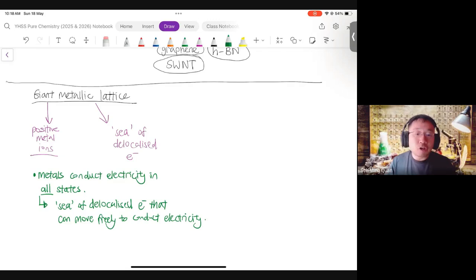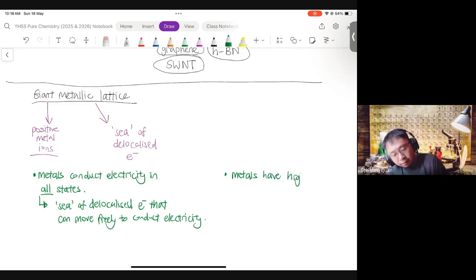All right. So delocalized just means it's not fixed onto one particular atom or ion. Delocalized means it's not fixed, but you still need to add on that it can move freely. So the idea of movement is still important to highlight whenever you are asked about electrical conductivity. All right. So metals will conduct electricity in all states. The next thing is you will realize that metals usually, mostly, have high melting and boiling points. Not all, but most.